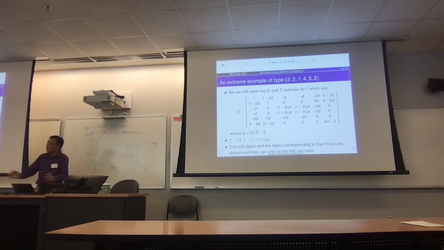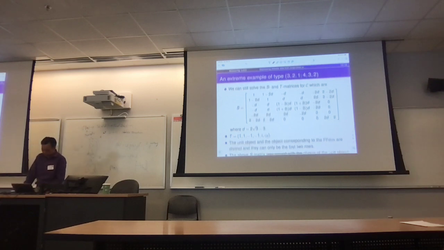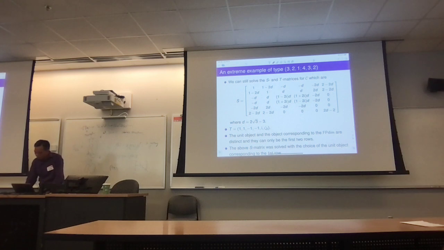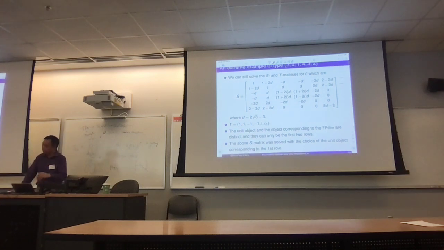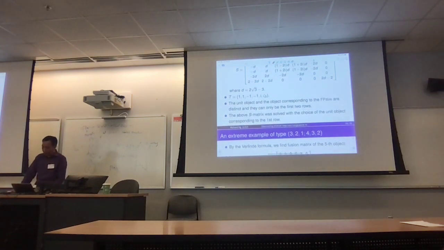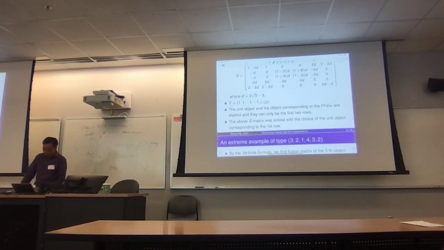So the complete S matrix is written down. Now it looks like a successful case. You can see that I have 2 possible unit objects again. But once you take any choice, just a permutation, you get the same modular data up to the permutation. So okay, it looks like I get a successful one.